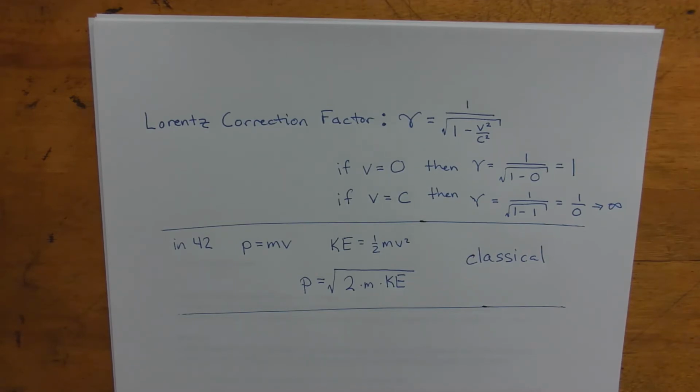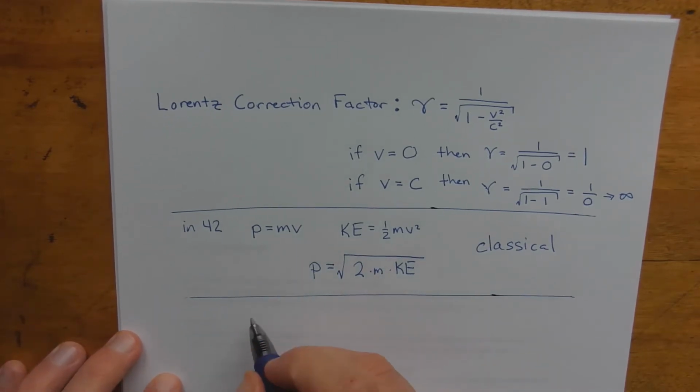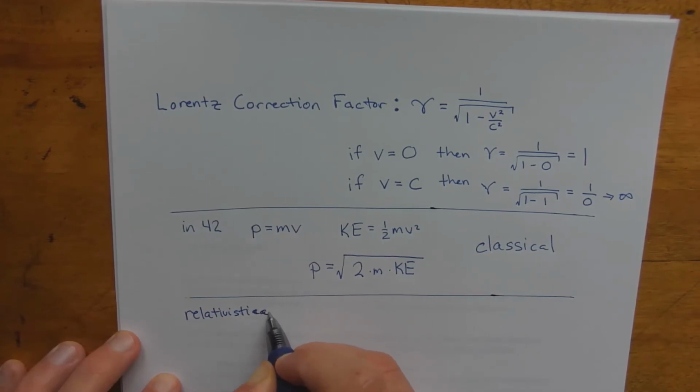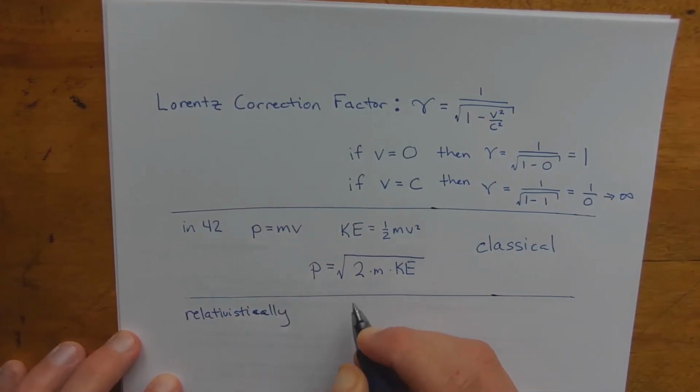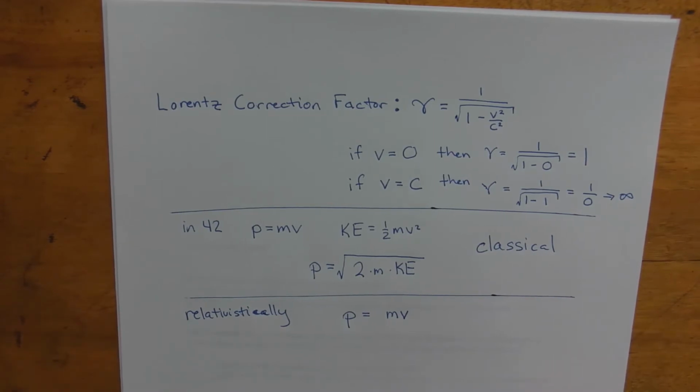Okay, so now we're going to talk about the equations that appear on page 6. So, relativistically, we can't say the momentum is equal to the mass times the velocity.